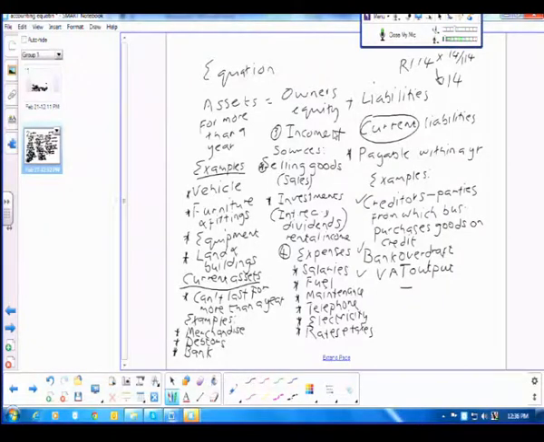This one has a negative impact on equity. So this is really what the elements of the accounting equation are. I hope by now you are not confused as to what an asset is, what owner's equity is, and what liabilities are. So let us just recap.